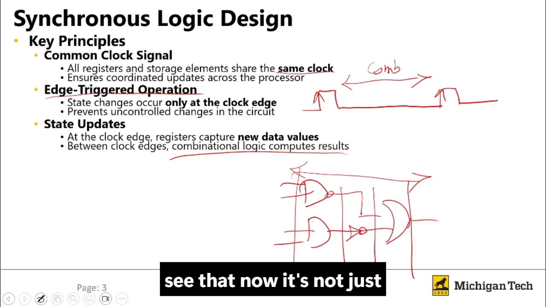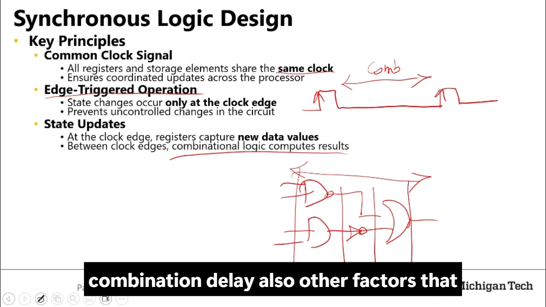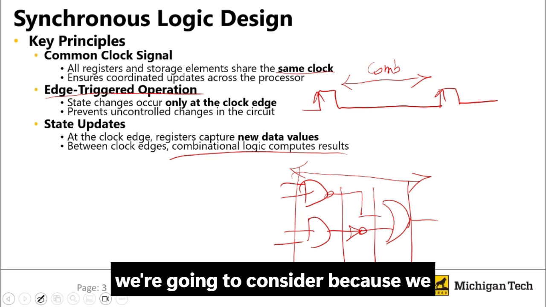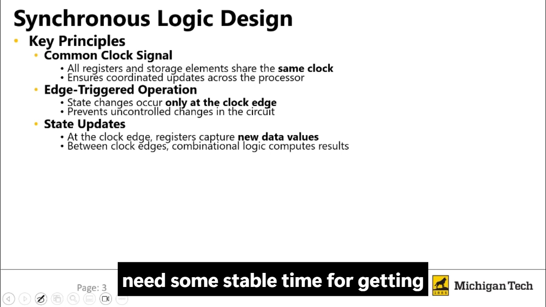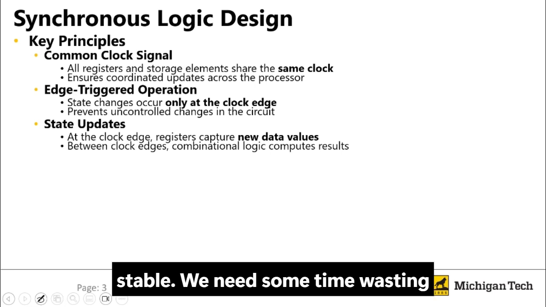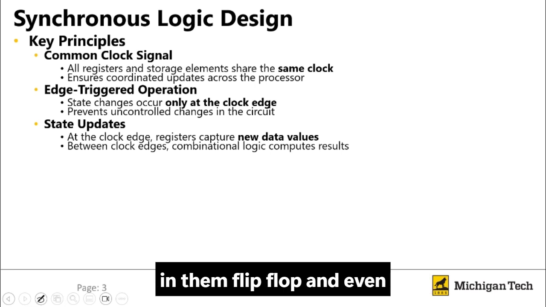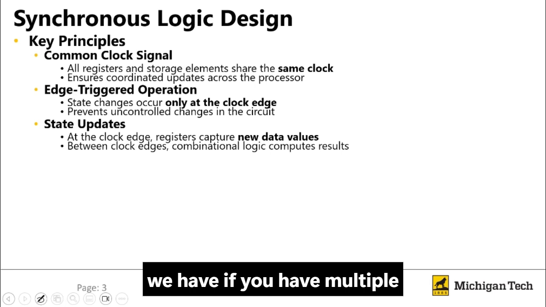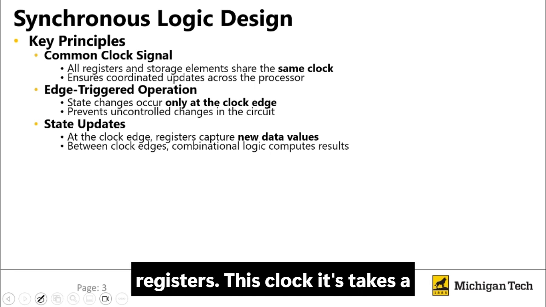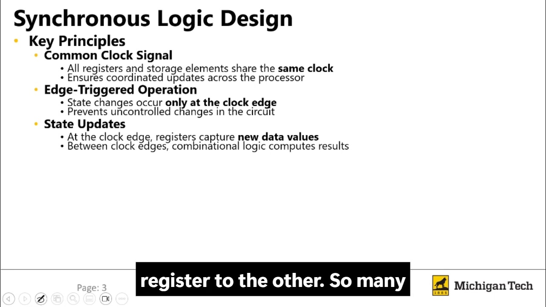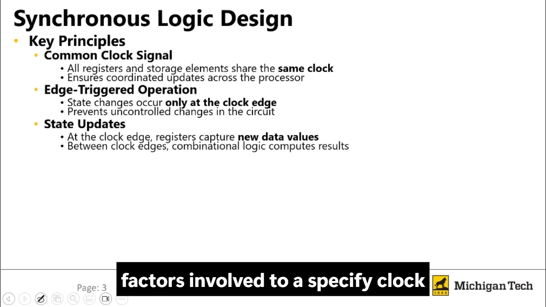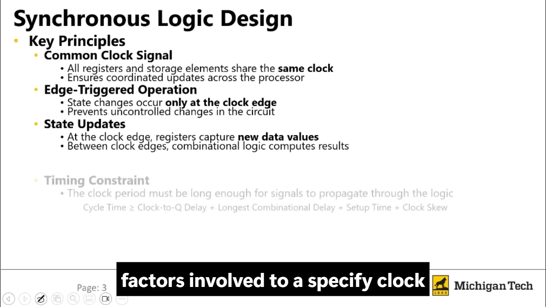It's not just combinational delay, also other factors, because we need some stable time for getting it stable. We need some time wasting in the flip-flop, and even if we have multiple registers, the clock takes a little time to move from one register to the other. So many factors are involved in specifying the clock cycle.